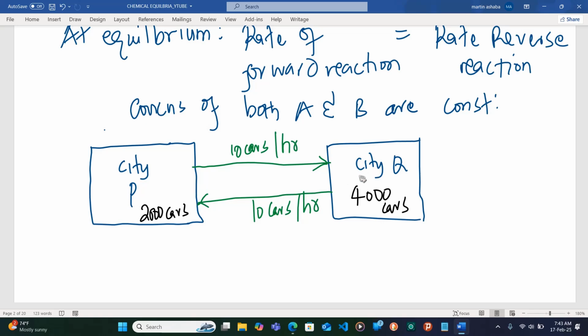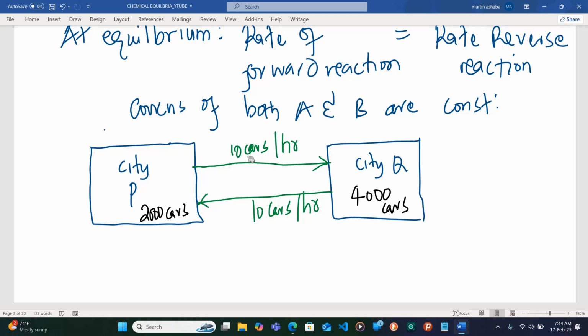When you look at this scenario, city P represents the concentration of reactant P, and city Q represents the concentration of the product Q. So if we are having equilibrium, you'll find that the concentration of P and the concentration of Q are going to be the same because the rate of forward reaction is the same as the rate of backward or reverse reaction.